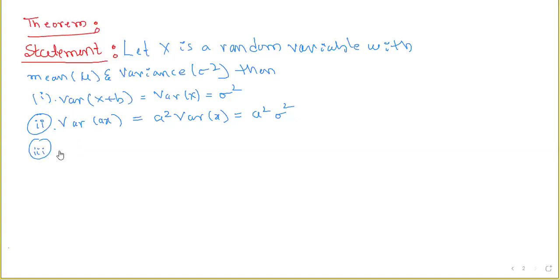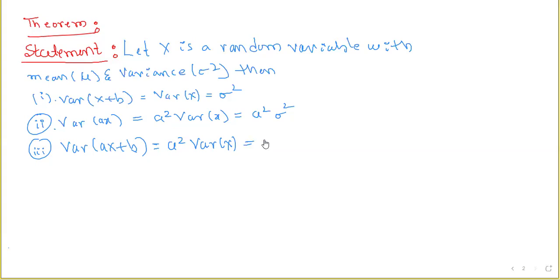Third one, variance of ax plus b is equal to a square into variance of x, right?